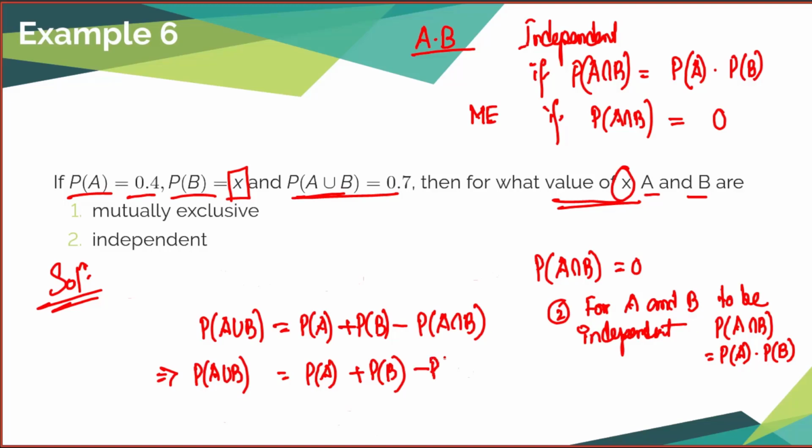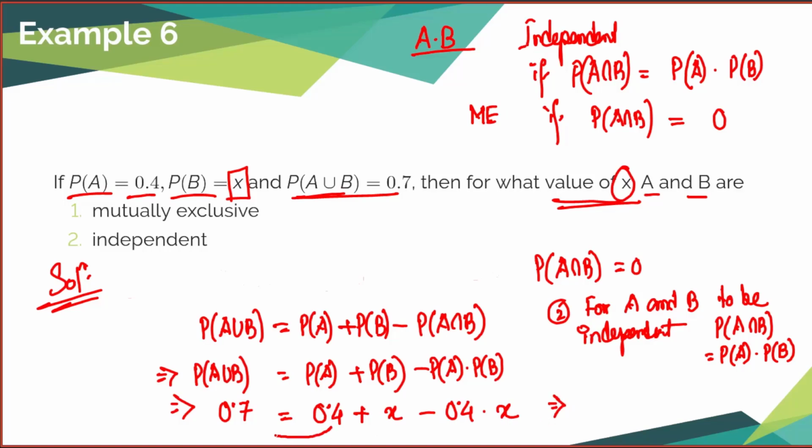So minus probability of A into probability of B. Now this value is 0.7 is equal to, what is probability of A? 0.4 plus probability of B is X minus probability of A is 0.4 into X, right? So solving this will give us the value of our X.